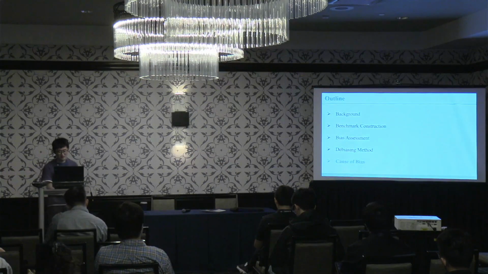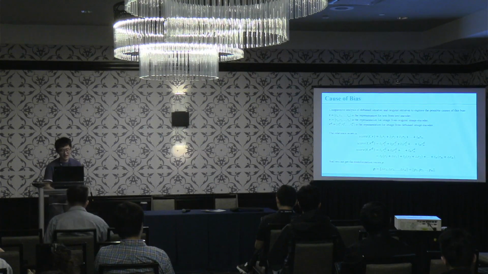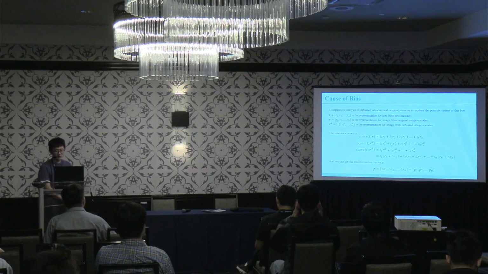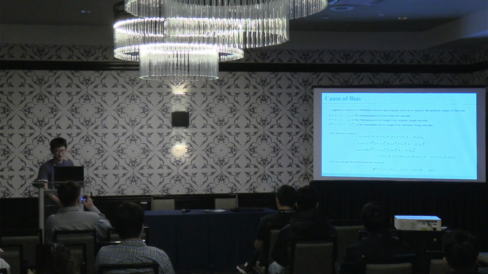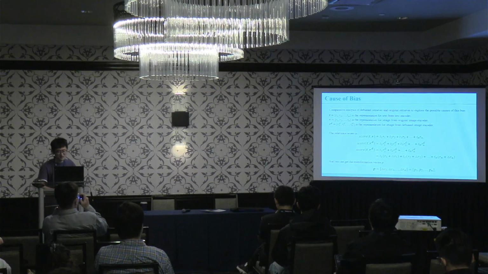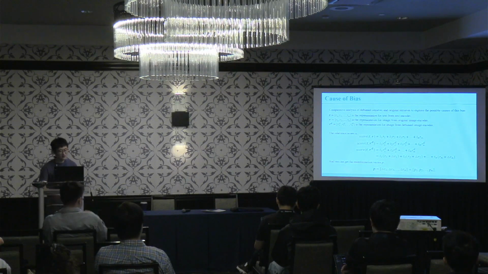After uncovering the bias in text-to-image retrievers, we will delve deeper into why retrieval models exhibit this bias. We conduct a comparative analysis of the debiased retriever and the original retriever to explore the possible causes of this bias. Specifically, vector T is the representation of the full text from the text encoder.